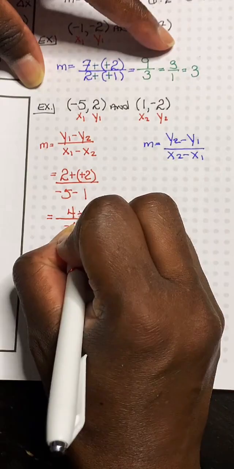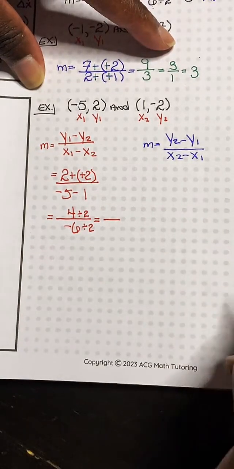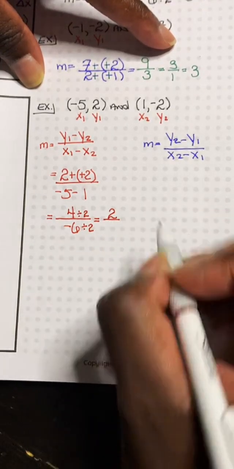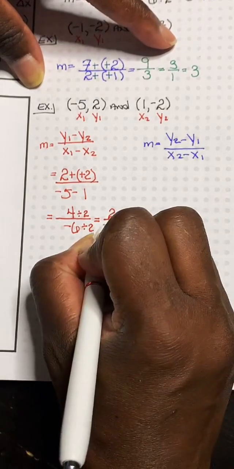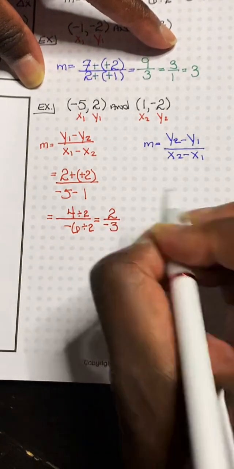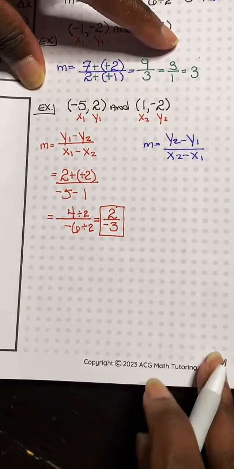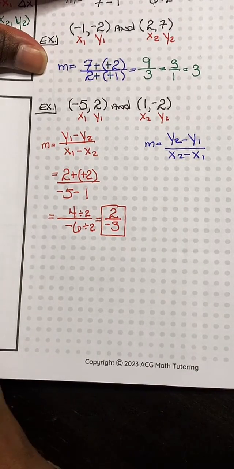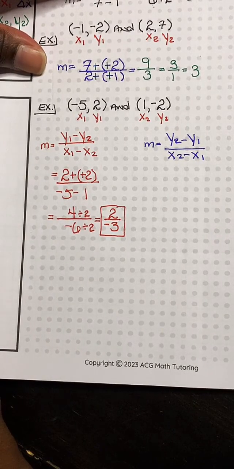If I divide this by 2 and I divide this by 2, 4 divided by 2 will give me 2, right? And -6 divided by 2 will give me a -3. So my -2/3, there we go. Okay? So this is one way.